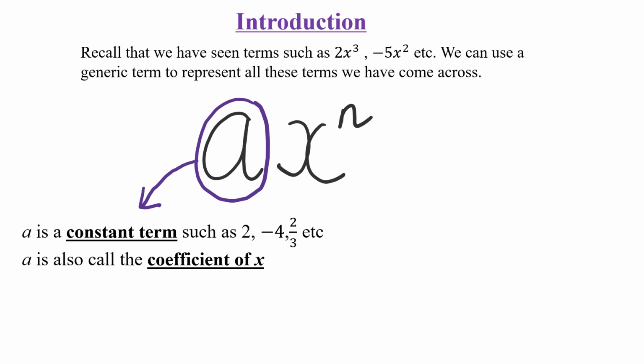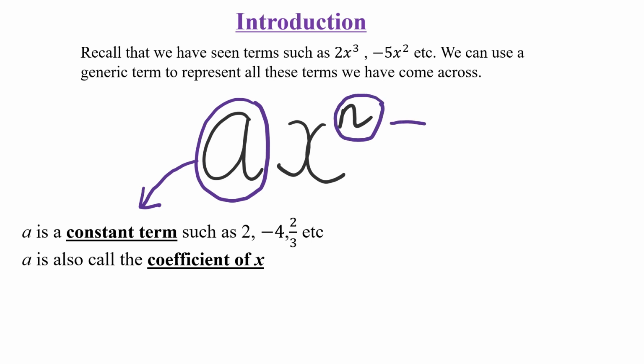Constant terms are such as the examples given, could be a number 2, -4, 2/3, etc. Basically, a constant term is just a term that does not change. It's fixed, right? So it could be a real number, a rational number, or anything like that. And A is also called the coefficient of x.